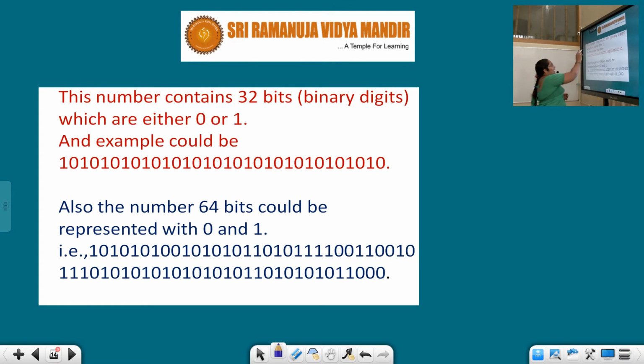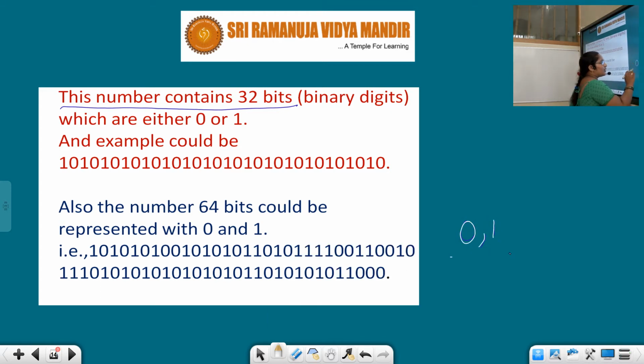So, this number contains 32 bits. It is 32 slots. We are giving a number that is represented by 0 and 1. I will be writing it, and it will be visible to you. Bits are mainly 0 and 1.